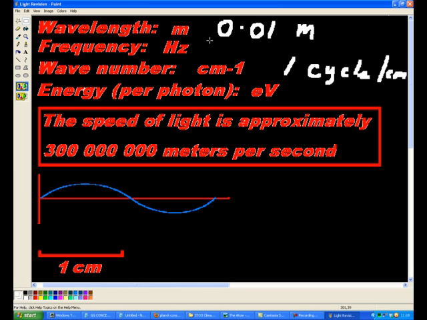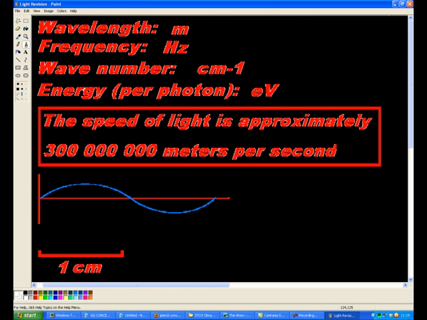To calculate the energy per photon, the formula is E, for energy, equals h, which is Planck's constant, times v, which is the frequency. So let's say in this example we had a frequency of 1 wavelength per second.